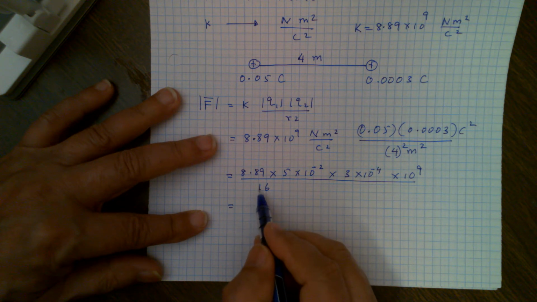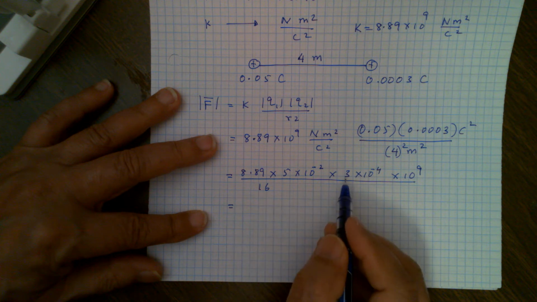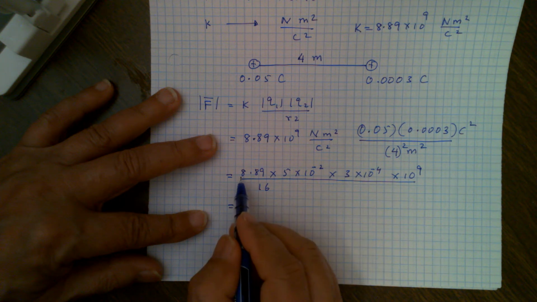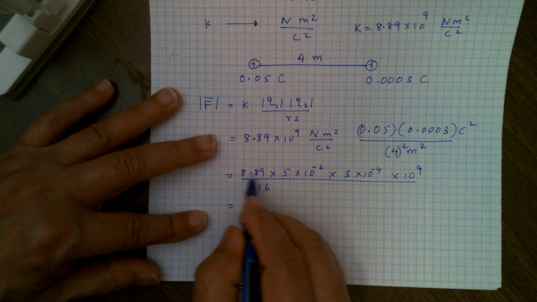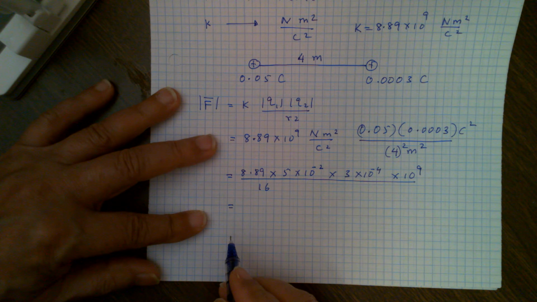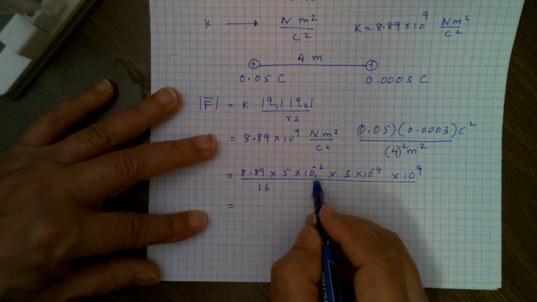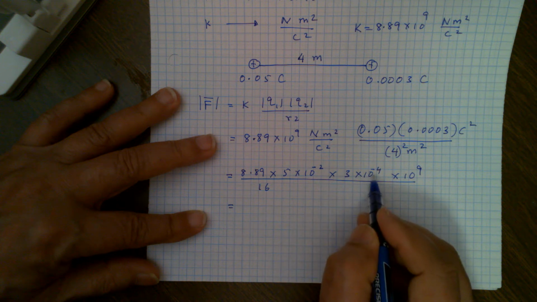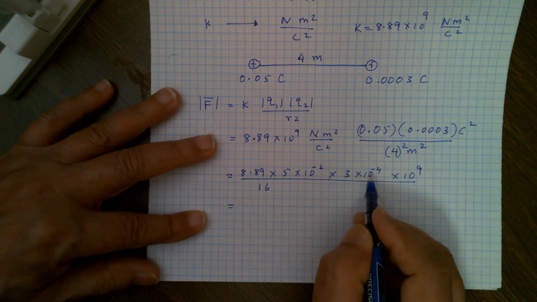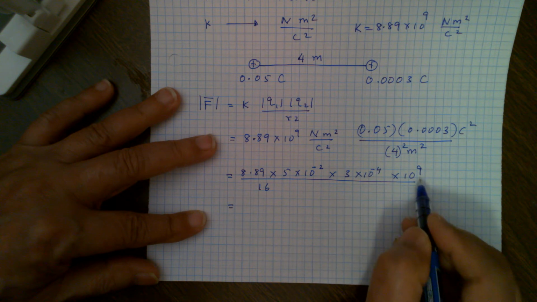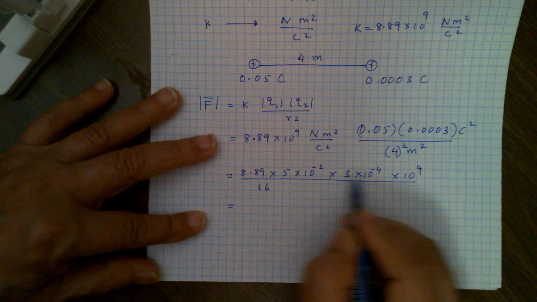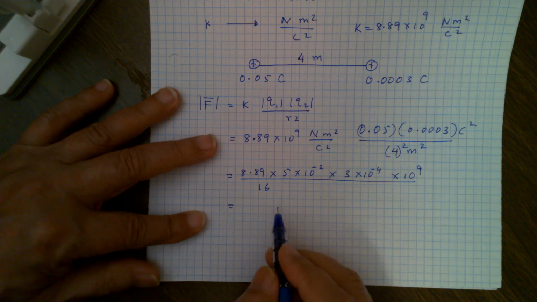So it is approximately 3, and the 3s cancel out. That means the answer is about 8.89, so it'll be close to that. And for the powers of 10: 10 to the power negative 2 and 10 to the power negative 4 give 10 to the power negative 6, and with 10 to the power 9, it'll be 10 to the power positive 3.